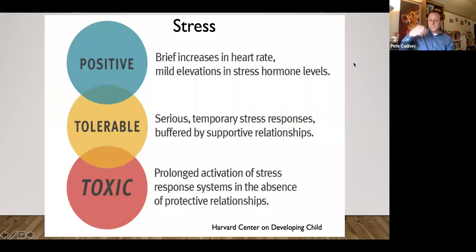So with stress, we know that stress can be positive and it can also be toxic.